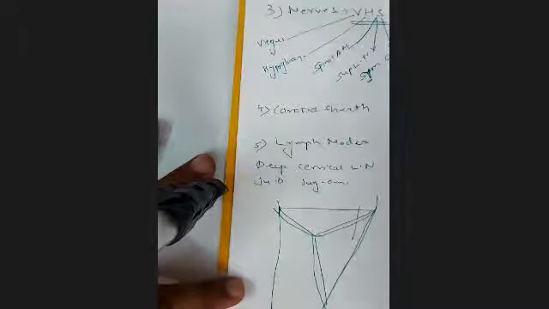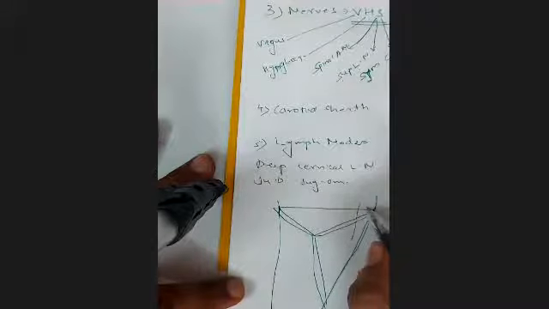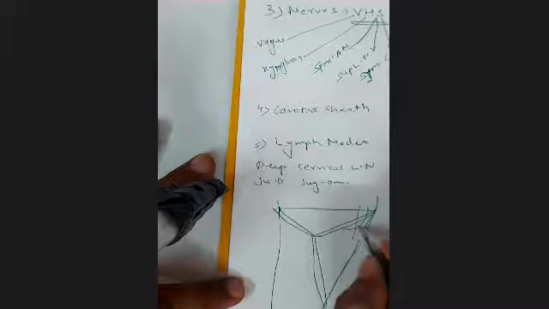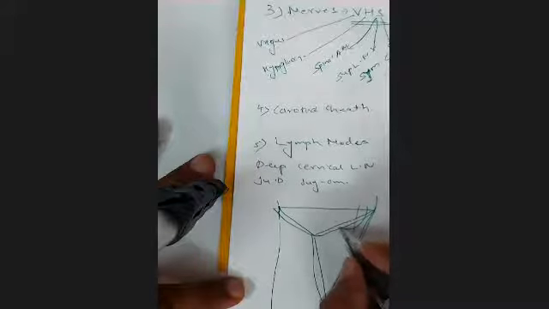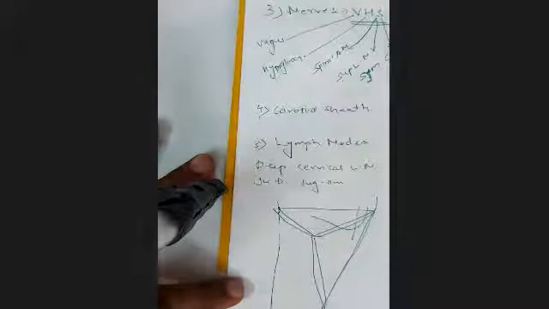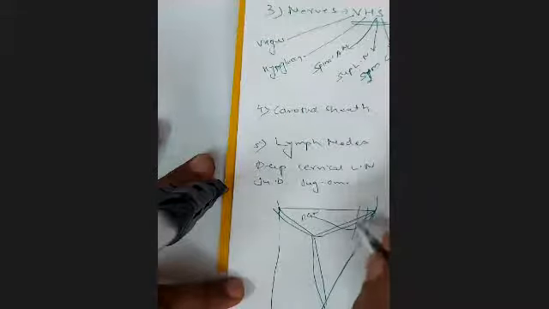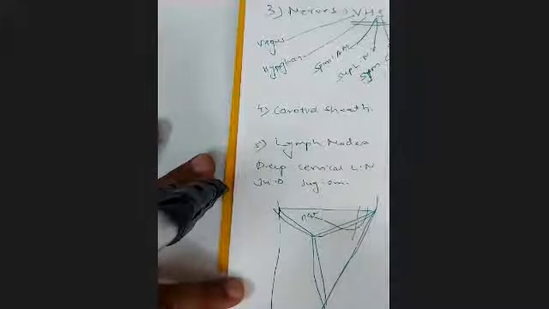The hypoglossal nerve crosses this external carotid artery because it is a content of the carotid triangle also, and it goes to the digastric triangle. So some contents are common to the carotid triangle as well as the digastric triangle.